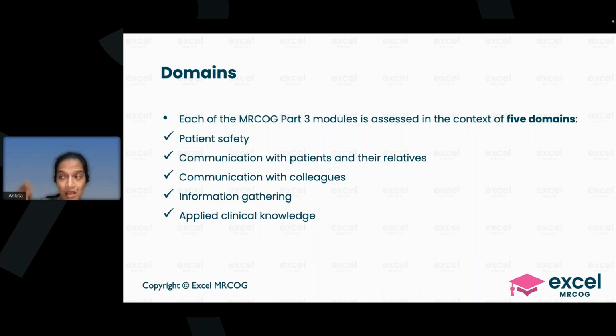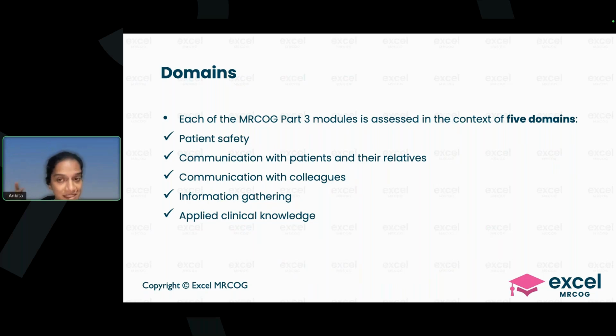Also, whenever there is a need for involving a multidisciplinary team for management of a particular patient, whether you say MDT in the exam would be counted in communication with colleague. Say a Down screening positive patient, high risk for Downs, has come to you, and you say that we would need to refer this patient to a fetal medicine specialist.